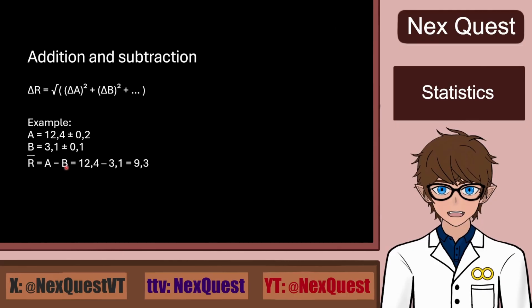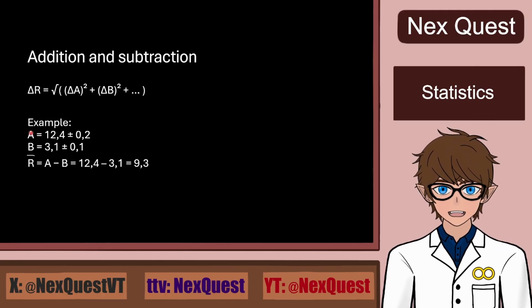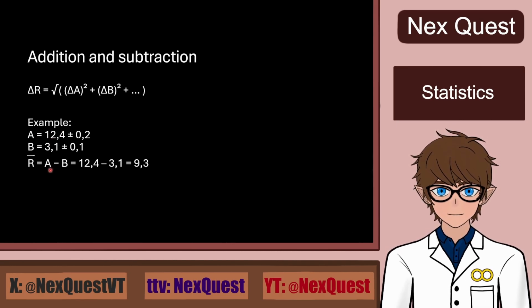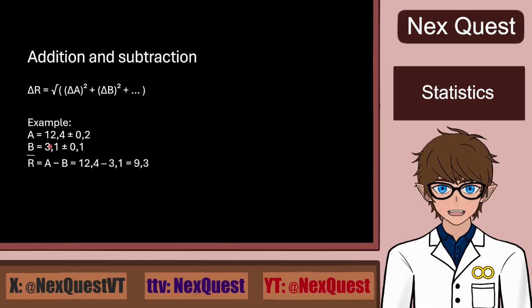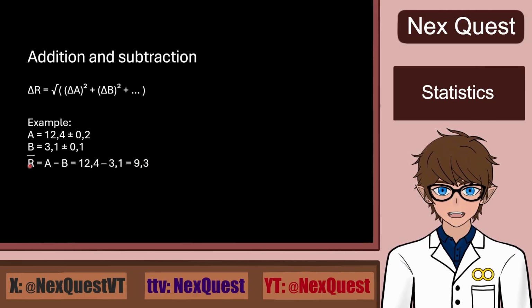For the base value, we're going to take the difference between the main values here, so the averages of them, because we're assuming that these are the average values of A measurements. So A measurements of 12.4, 12.6, 12.2, etc. So we just calculate between the averages, and we get that the average value of the result is 9.3.